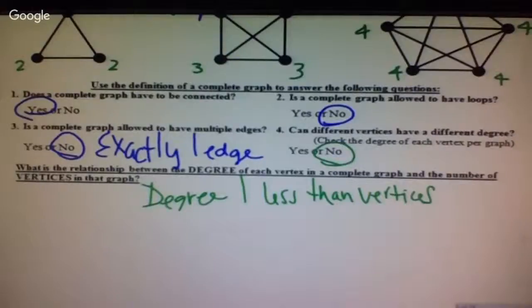So that's going to start us off with our first. K sub n means complete graph. This should all be at the bottom of that page. So far we know that K sub n is your complete graph, n is your number of vertices, and n minus 1 is the degree of each vertex.